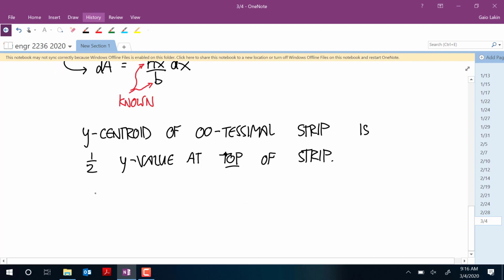And so that means that the x and y value for our strip for the centroid is going to be, well, x for x.